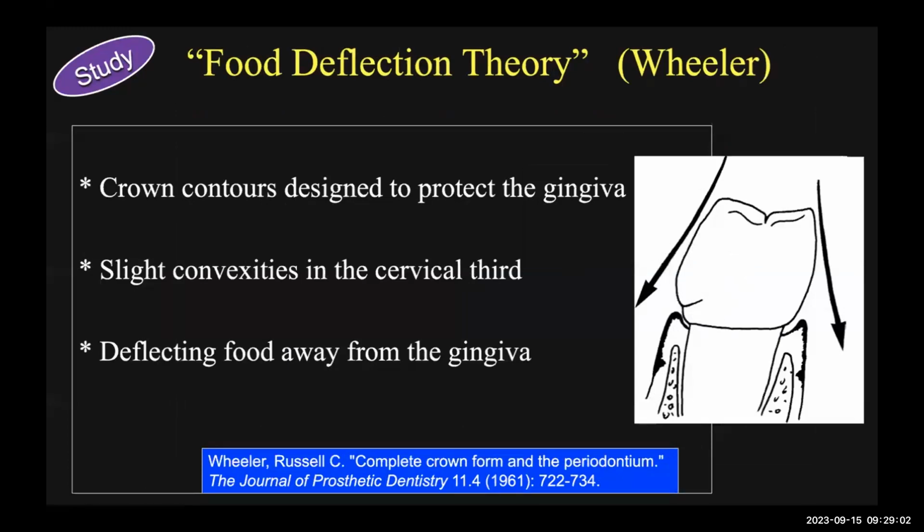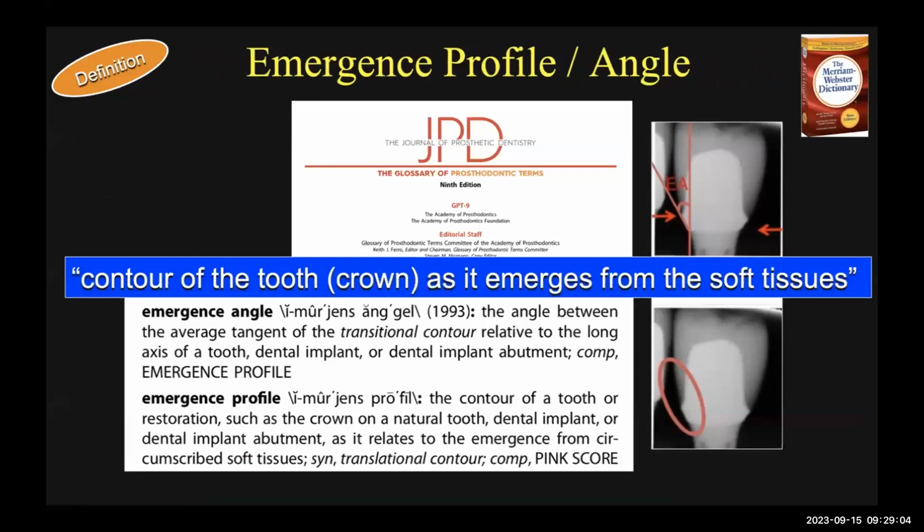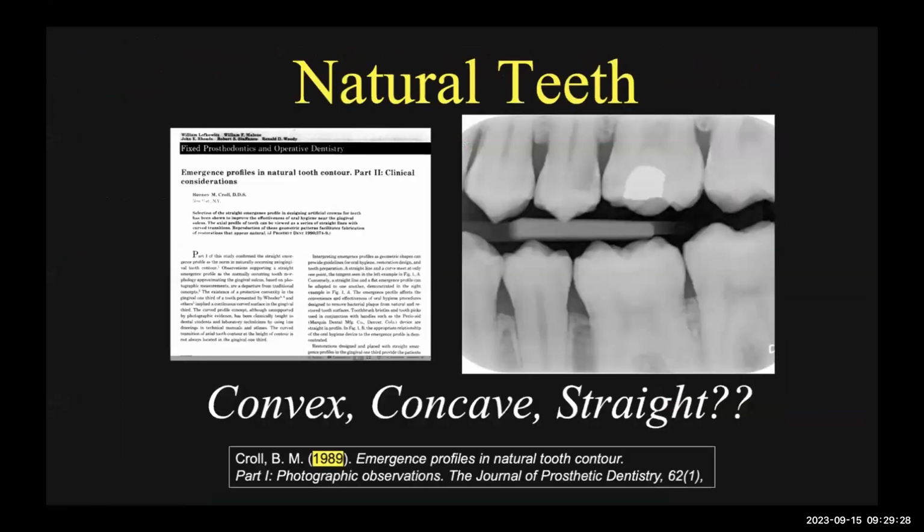That led to the emergence of the term emergence profile, which is basically used for prostheses. The definition is the contour of the tooth or the crown as it emerges from the soft tissue. There's also an emergence angle that actually calculates the angle, but profile is the most utilized term.